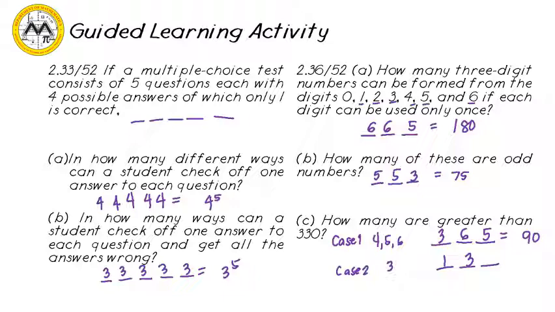No. 3 cannot be a second digit because there would now be a repetition of digits in 330. While for the last digit, you have 7 options. You remove the first 2 digits already taken, so that would be 5. So this would be 15. For these 2 cases, the total is 105.